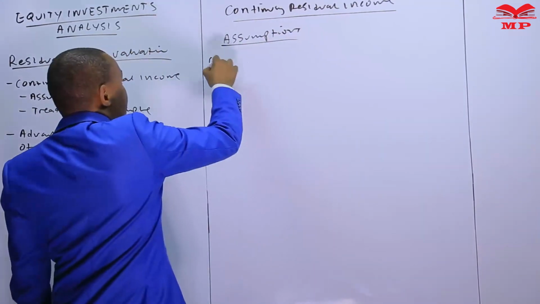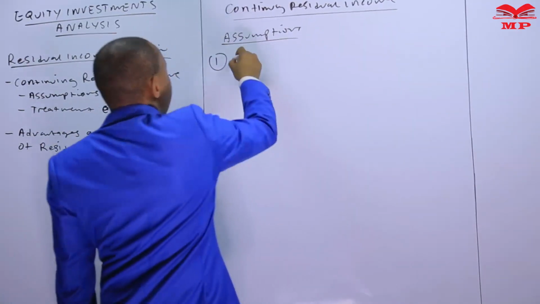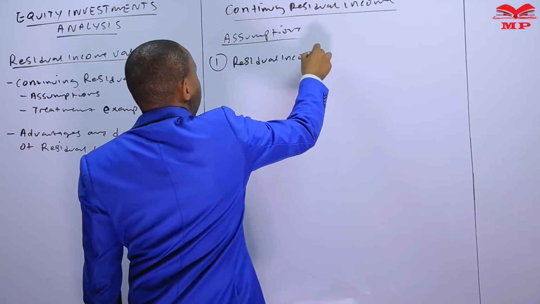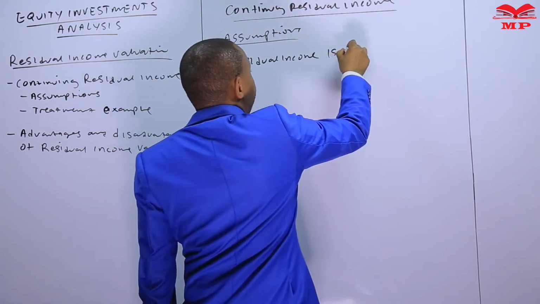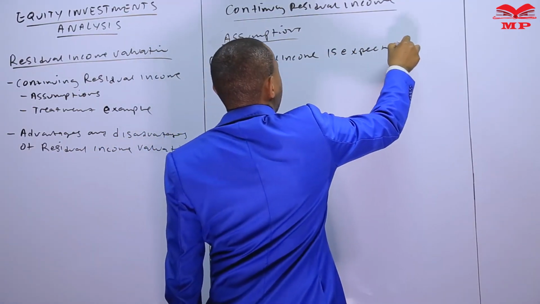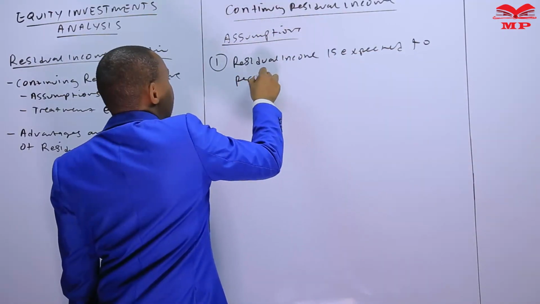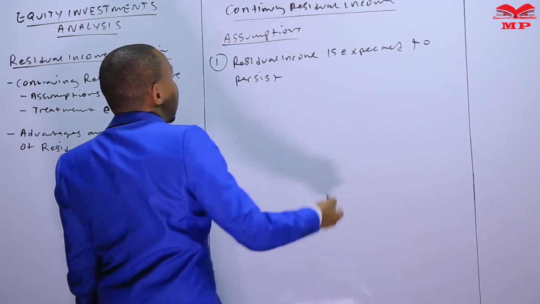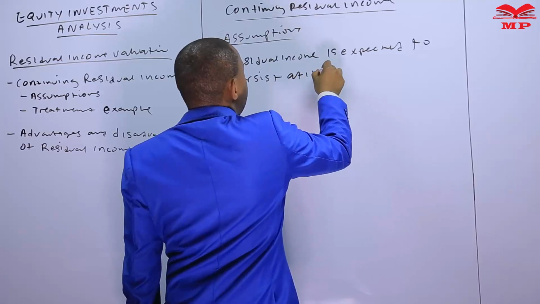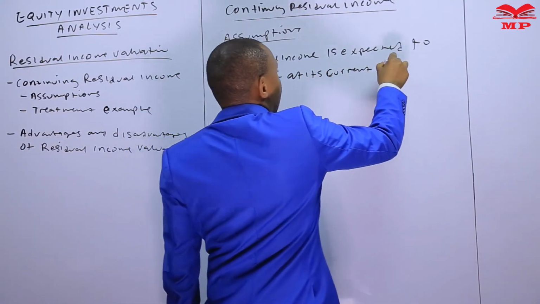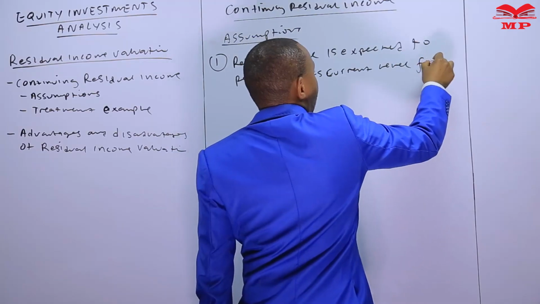First assumption is residual income is expected to persist at its current level forever.